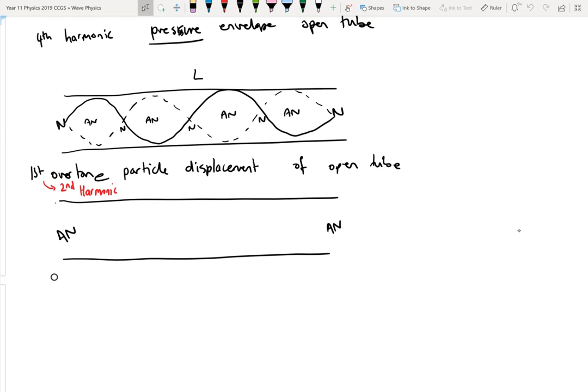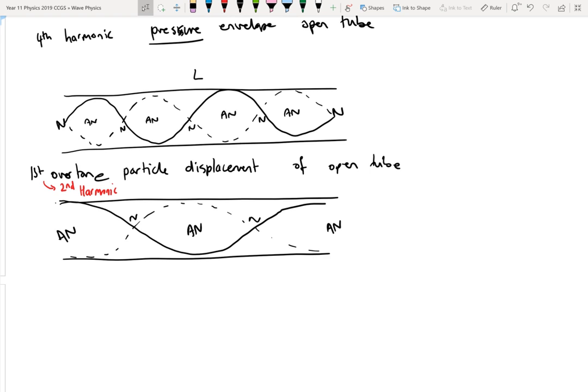There's going to be 1 more antinode in the middle. And we're going to sketch that weird wavelength like that. Okay. So that is the first overtone particle displacement envelope of an open-ended tube.